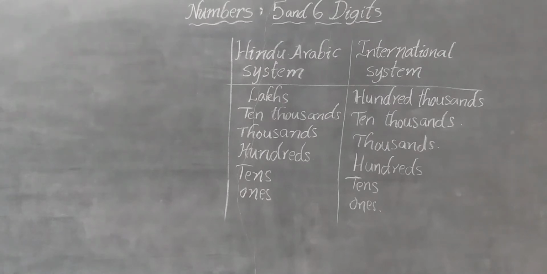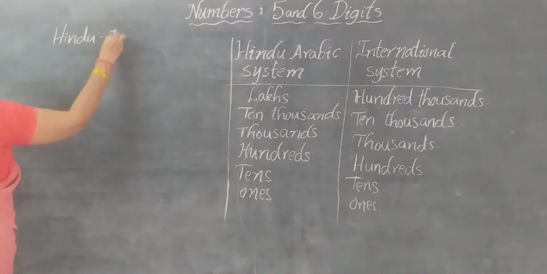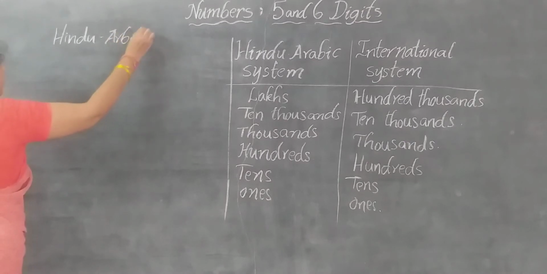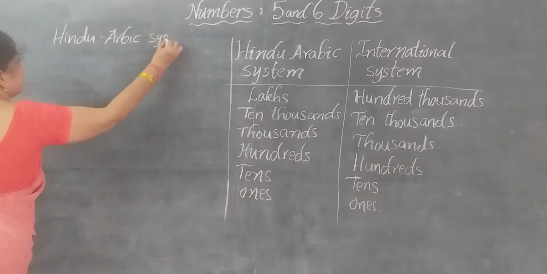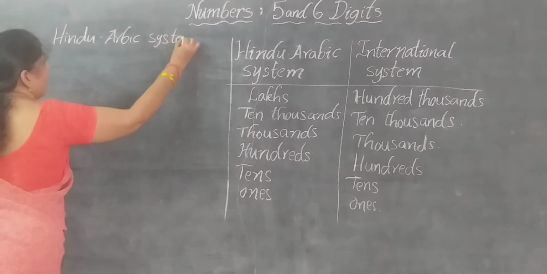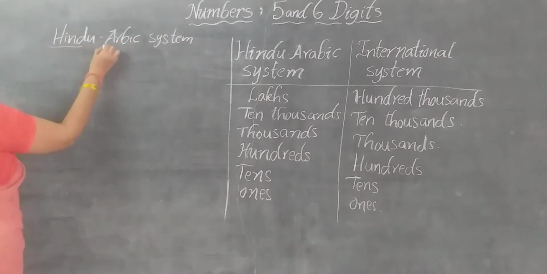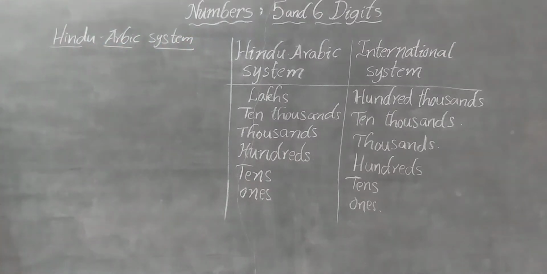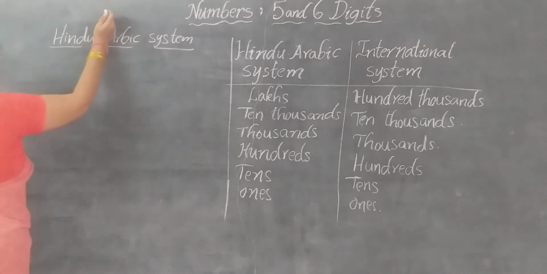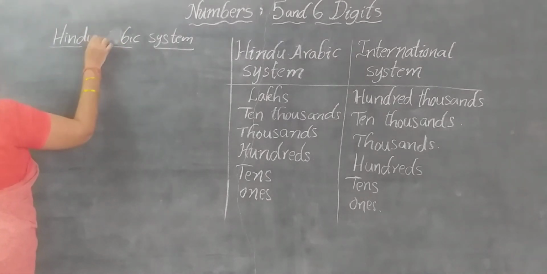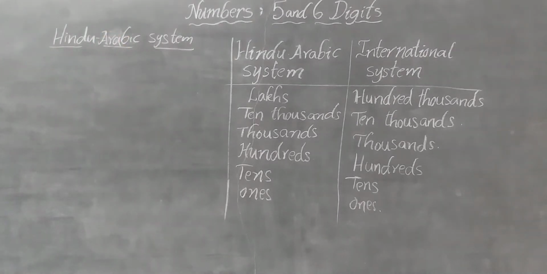Okay? See here. First, the Hindu-Arabic system. I already explained just now that this is the Hindu-Arabic system.